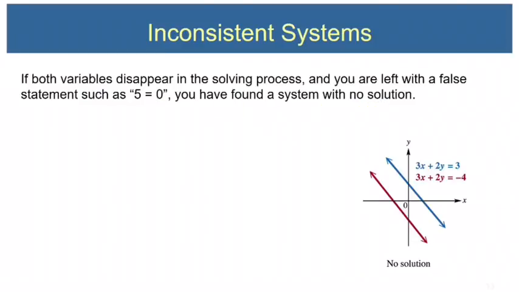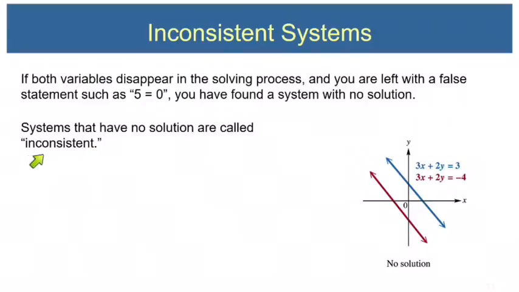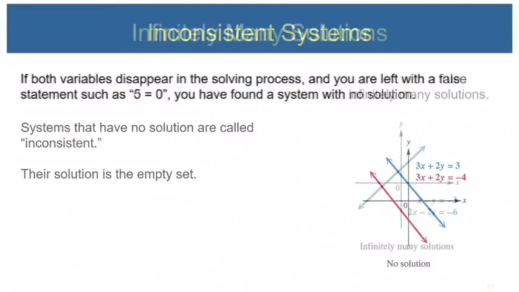In other words, if you graphed the two equations that you're working with, you would see that they graph parallel lines, and because the lines are parallel, they never cross, and because they never cross, there's no solution. Remember, the solution is the point of intersection. A system like this is called an inconsistent system because there is no ordered pair that is on both lines. And the solution, therefore, is the empty set.